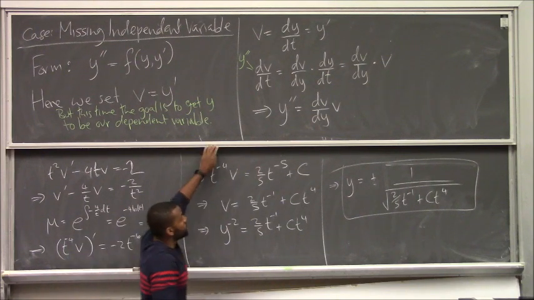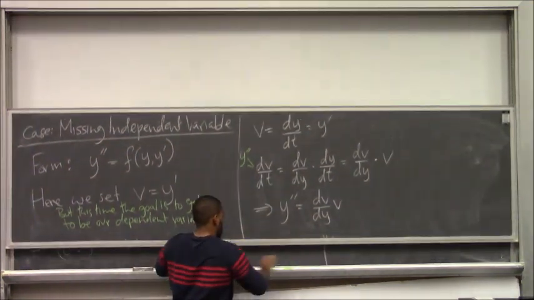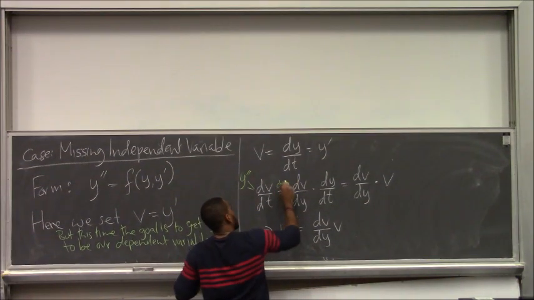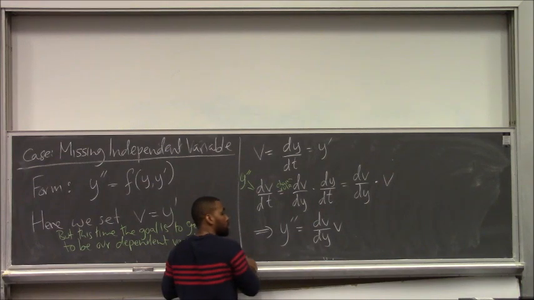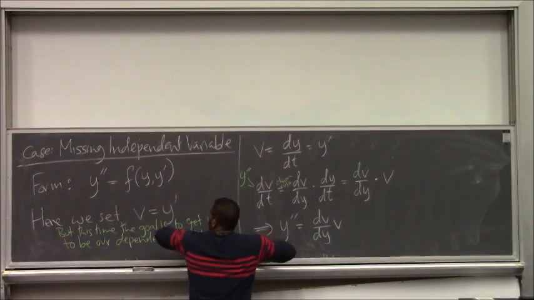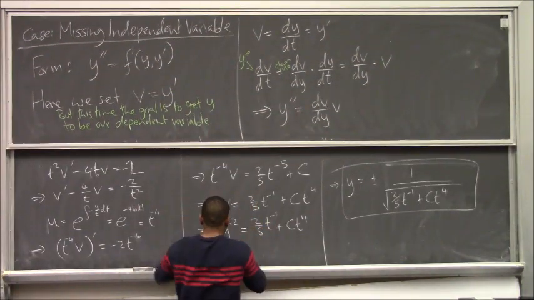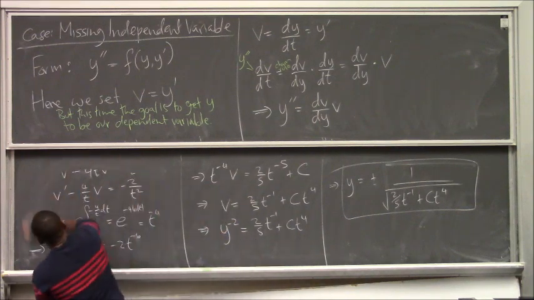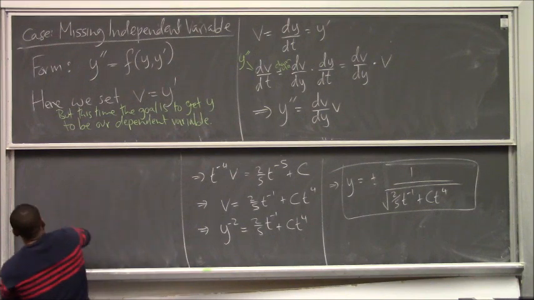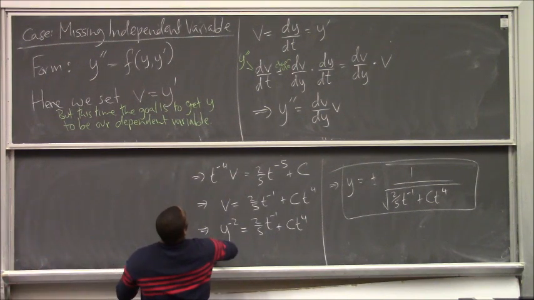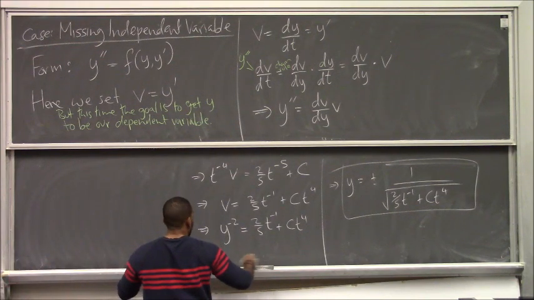What I used here was the chain rule. It gives me a more convenient form. So now, with that, here's what we get. Start to sub in all these guys here.